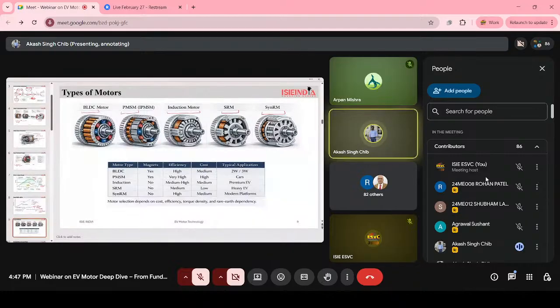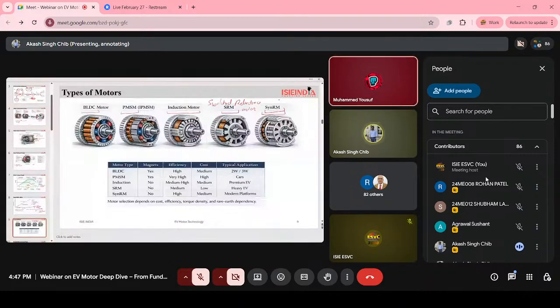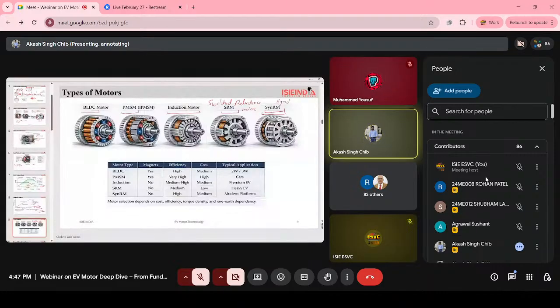That is a little bit incorrect. It is our switched reluctance motor. And SYNRM, can anyone tell me the name of this motor? Synchronous reluctance motor. Yes, absolutely correct.